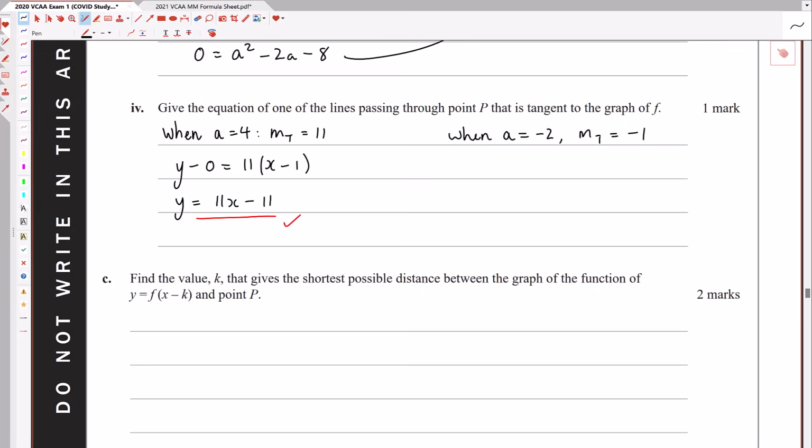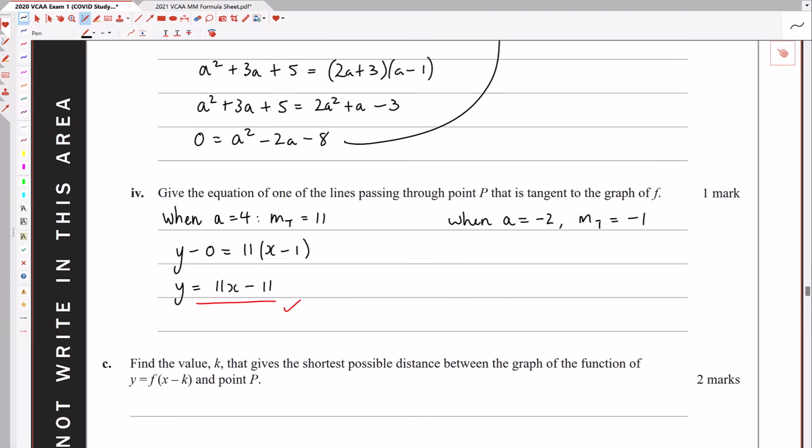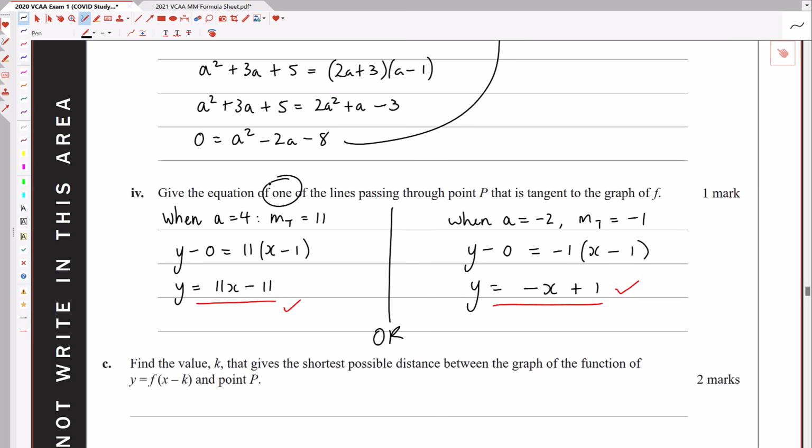Gradient's negative 1, so y minus the y coordinate of point P equals the gradient times x minus the x coordinate of point P, and so that's y equals negative x plus 1. So you didn't need to do both of those, you only needed to do one. It's either or.